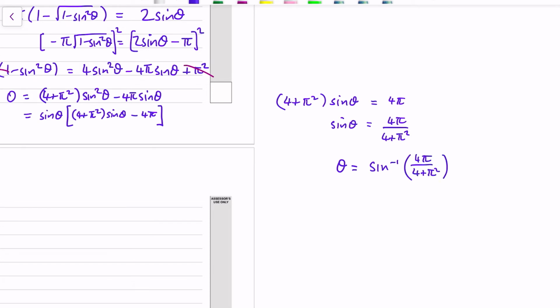Okay, so if we take the sine inverse of that, I'm in degrees on my calculator, just so that I can visualize what the angle is. Comes out to be 64.96 degrees.